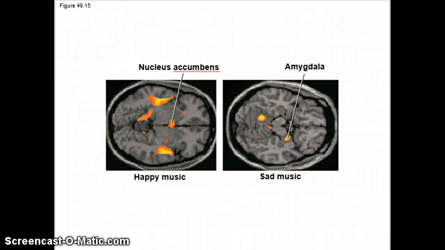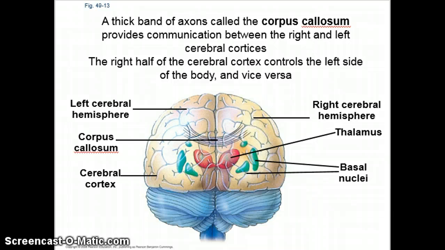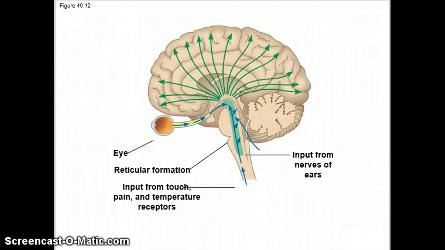So going back here, actually, let me go back to this other picture. This was showing how the brain stem is actually involved in interpreting those sensory inputs that come from the peripheral nervous system. And so you can see how the eye is going to bring sensory input in, and it's going to pass through the brain stem. And also how, coming up from the spinal column, you're going to have input from touch, pain, and temperature receptors.